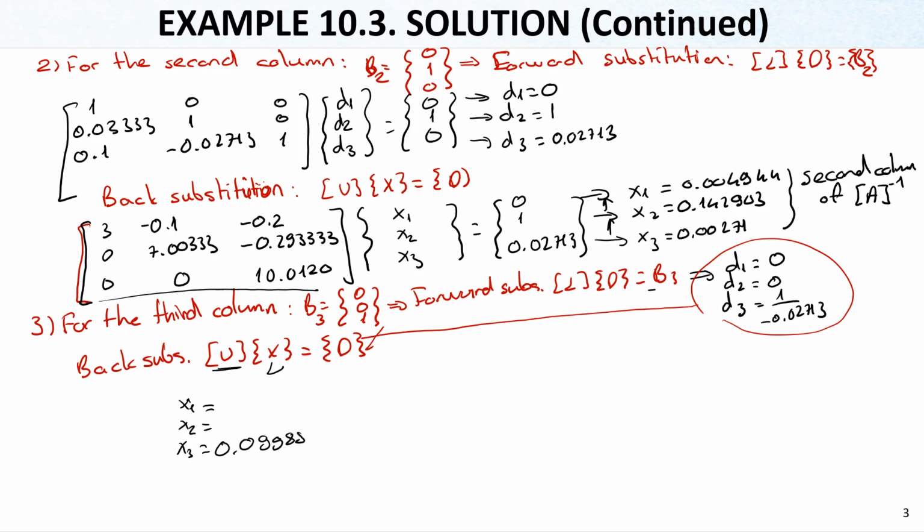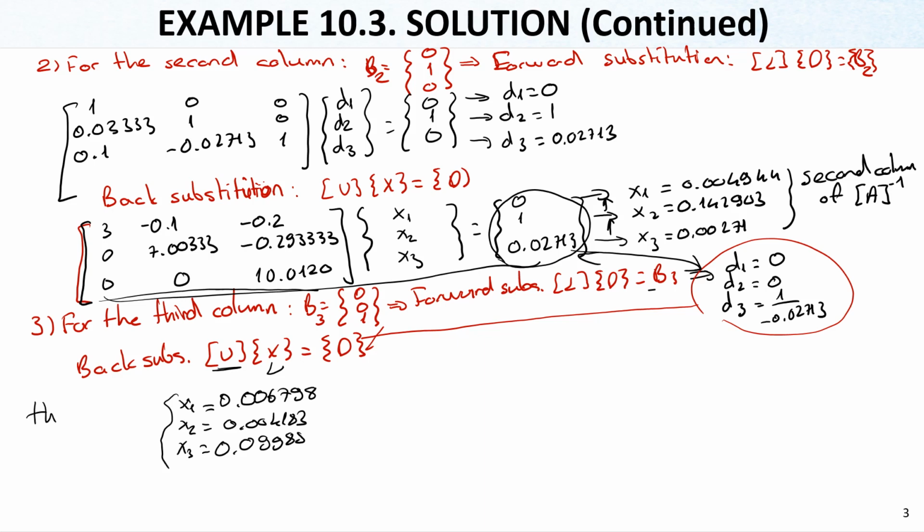You can write the details. I will not write them. X2 is 0.004183. This is the same practice that we do here actually. Just change this by this one. And X1 is 0.006798. And this is the third column of A inverse.